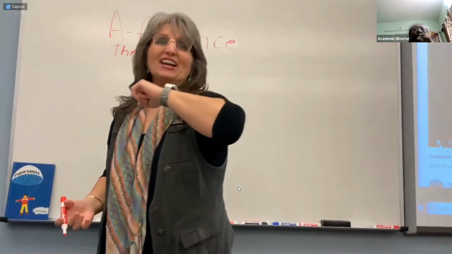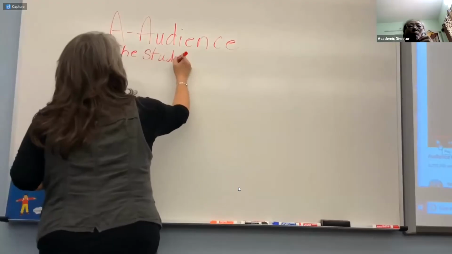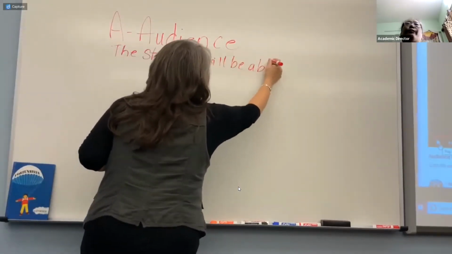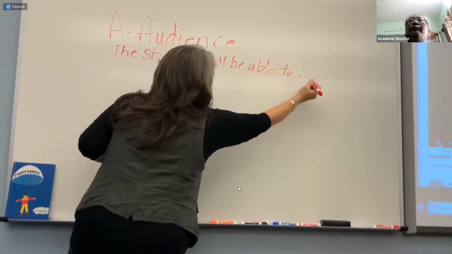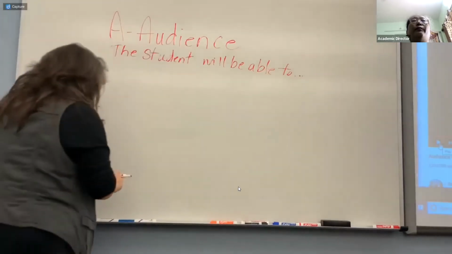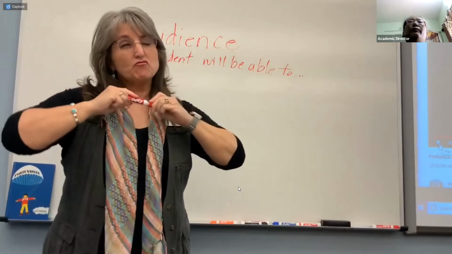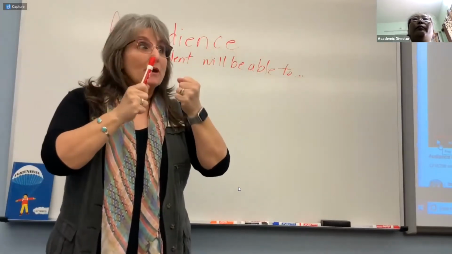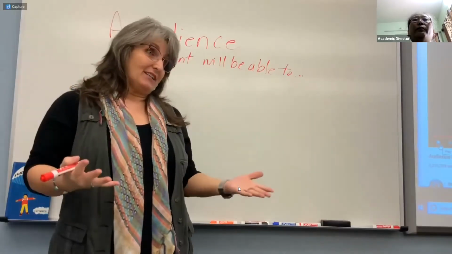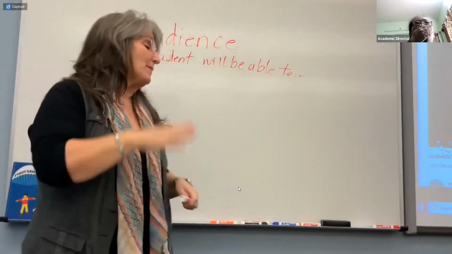That's exactly right, Jim Bob. It is the student. The student will be able to. That is the audience in our learning objective. So we did that in red. And I used red because I want us to remember that the most important thing, we're not teaching content, we're teaching students. And then the content and skills come after that.